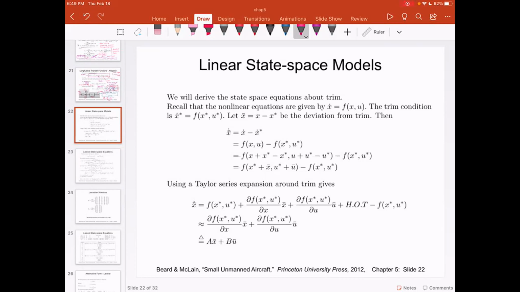What it means is, as long as our linear approximation is correct, as long as this aircraft is flying in a linear mode, that aircraft would be able to stabilize itself.